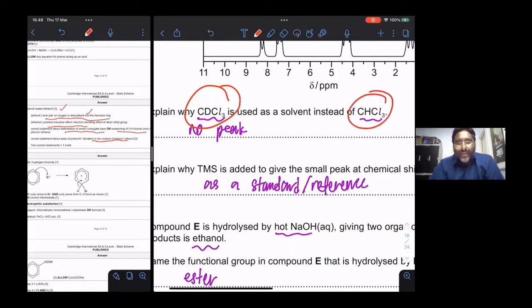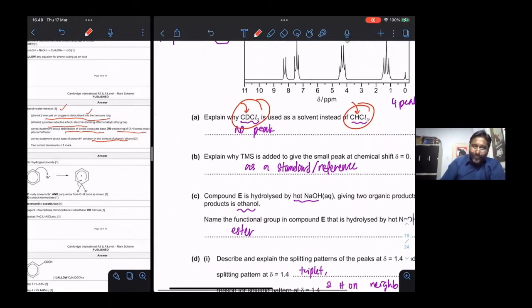The reason is, if you have hydrogen there, there will be a peak. So in this case, if you use deuterium over here, there is a minimal peak. But in our syllabus we say no peak. There is no peak if you use CDCl3, so you can actually use that.